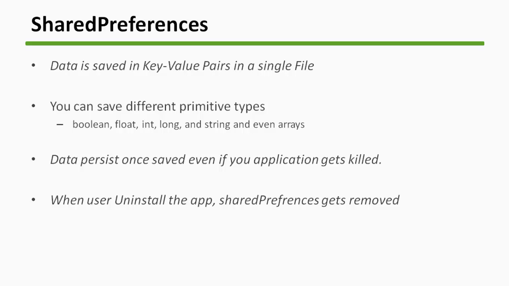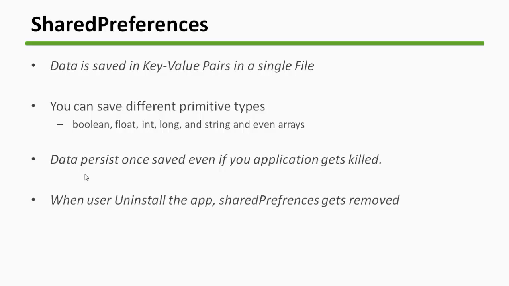You can save different primitive types: boolean values, float, int, longs, and strings, and even arrays. Data persists once saved even if your application gets killed. So if your application gets killed, your data will remain there and you can fetch it back. It's a persistent storage. And when the user uninstalls the application, shared preferences also get removed.